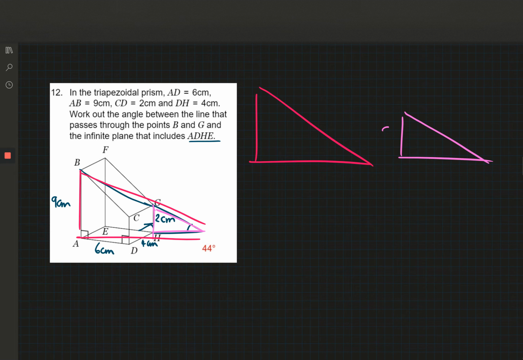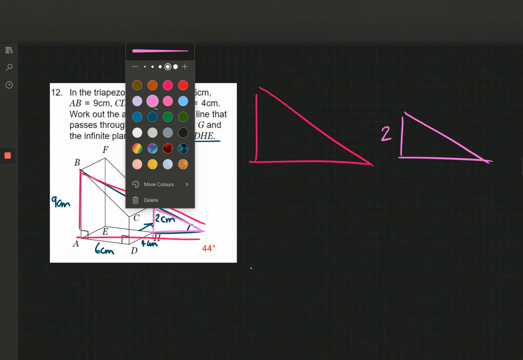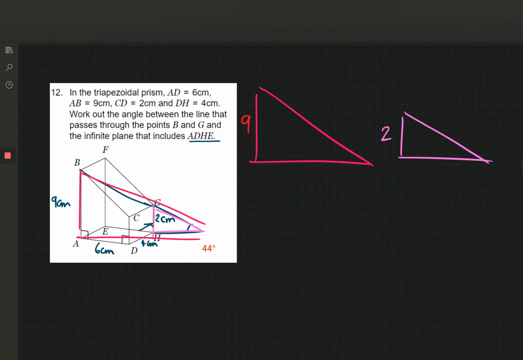I know that the height of the small triangle is 2. I know that the height of the big triangle is 9. So I can work out my scale factor. If we're going from small to big, I'm going to multiply by 9 over 2, or 4.5.